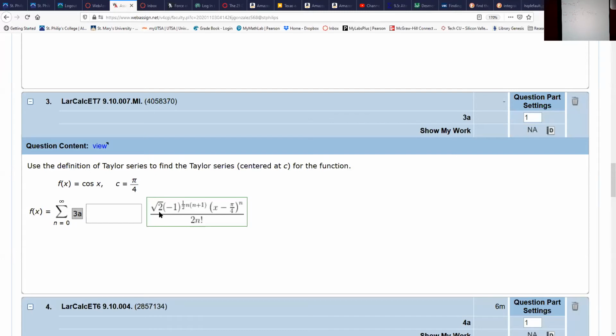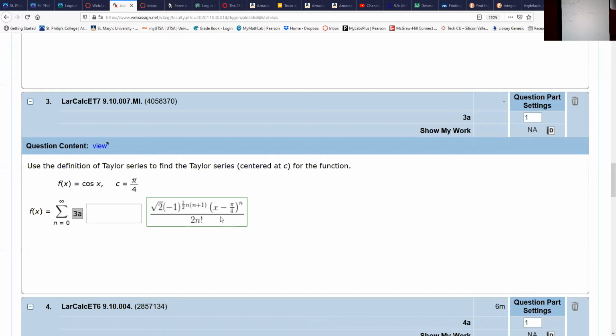I think they put the 2 down here, it looks like. Well, I have the 2 on the bottom, but I didn't type it in like that. Yeah, I think it's being picky.